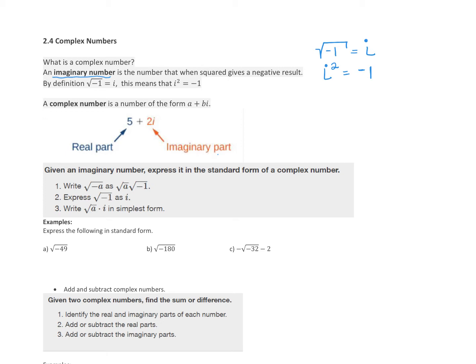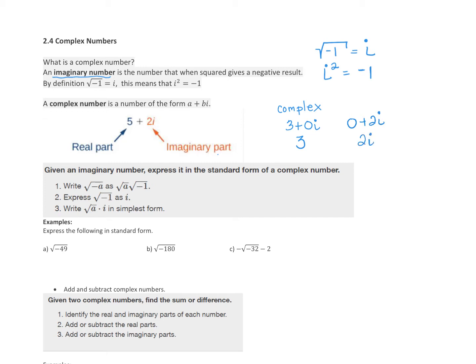Now keep in mind that complex numbers also include things like 3 plus 0i, which is of course just the real number 3, or 0 plus 2i, which is really just 2i, the imaginary 2i.